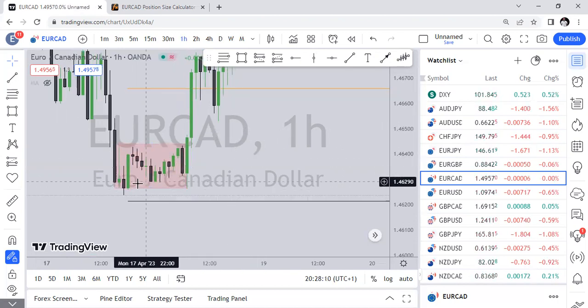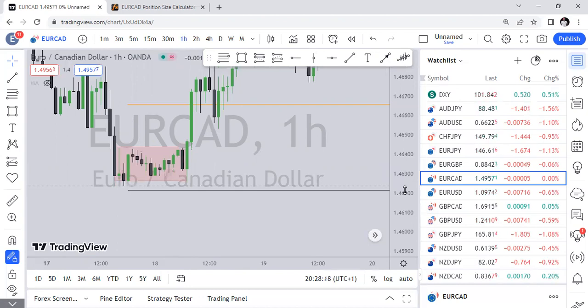So when an engulfing candle shows, it is a sign of momentum. It's a sign that price usually goes, to a very high percentage, in the direction of the engulfing candle.